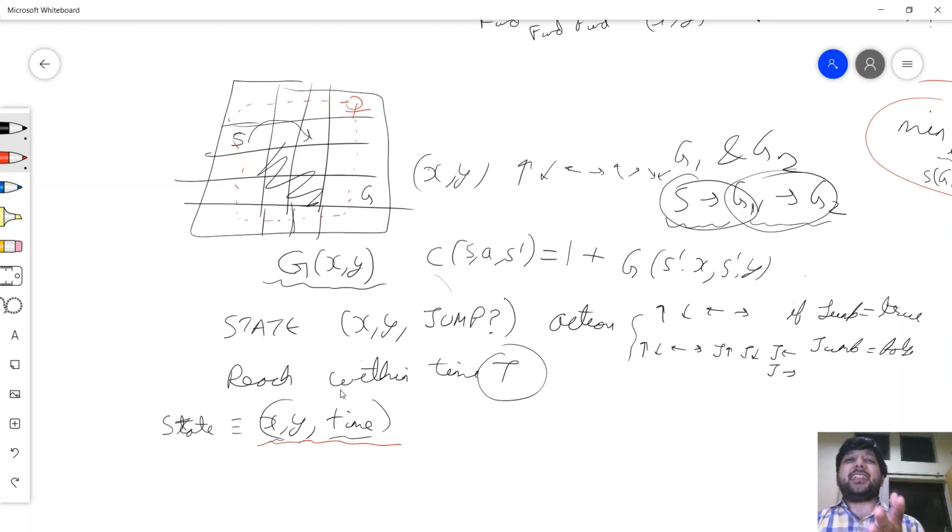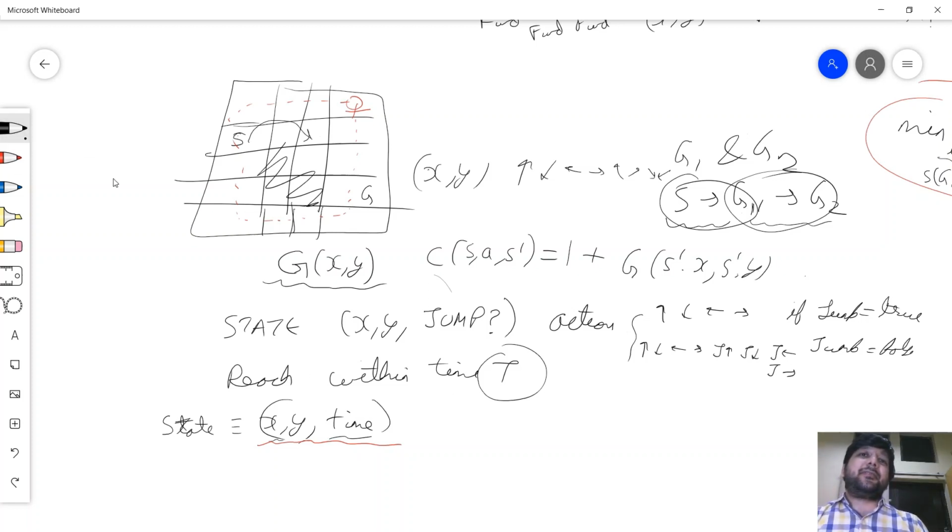The only thing which will change is the feasibility action functions. And in feasibility action, what will happen is that you'll take the latest time, and after taking the latest time, you'll take the current time of the current state. After that, you will take the map at that time, and after taking the map at that time, you will check what you really need to do. What's the cost? What's the feasibility?